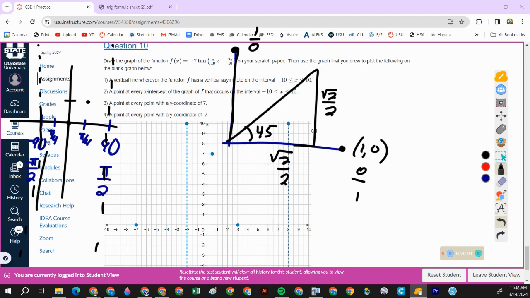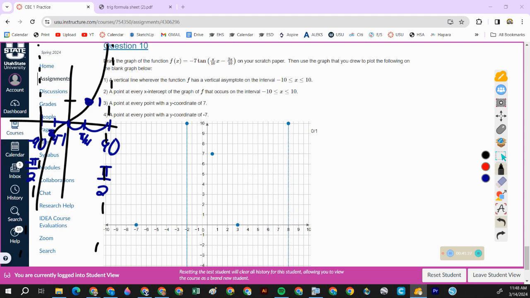So the graph looks like this. The halfway point between the center and the asymptote is at 1, and on the other side, the halfway point is at negative 1. So the period is pi, and we have asymptotes on both sides of that pi. Everything else follows the same rules.